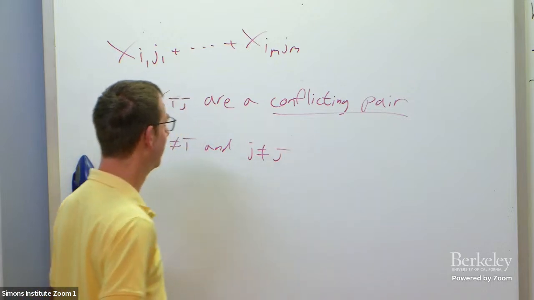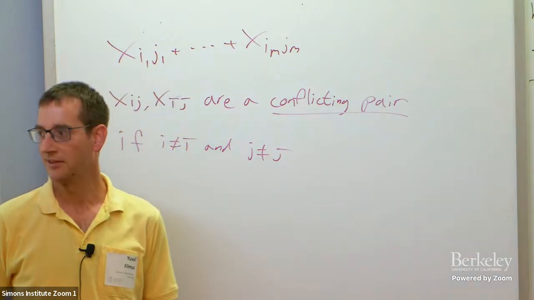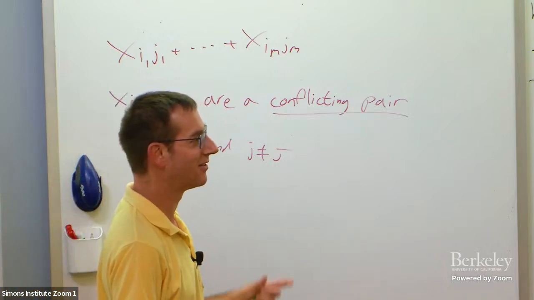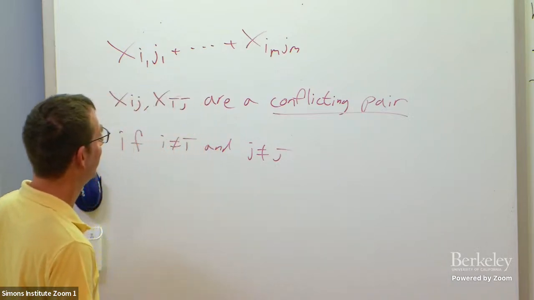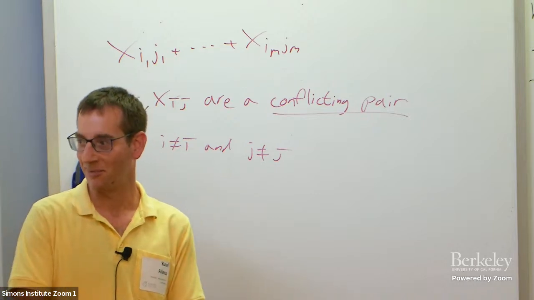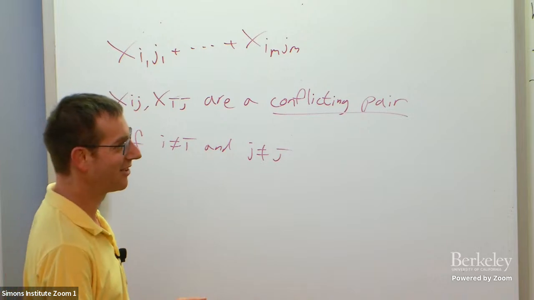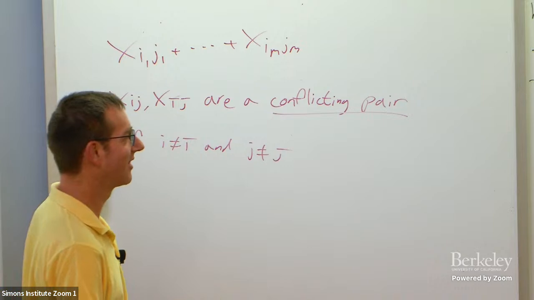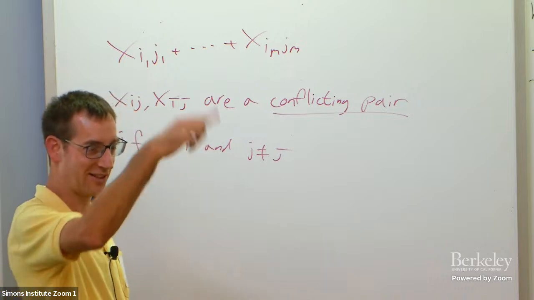Maybe not the best terminology, but that's what's in the paper, so it's too late now. It's conflicting if they can both occur together. It's conflicting because it makes them non-Boolean. We'll have a different name for it for the Kindler-Safra theorem.